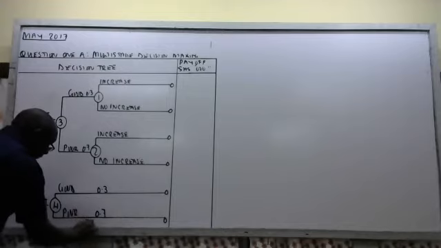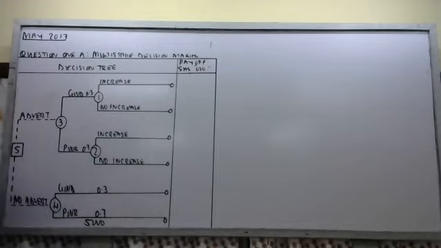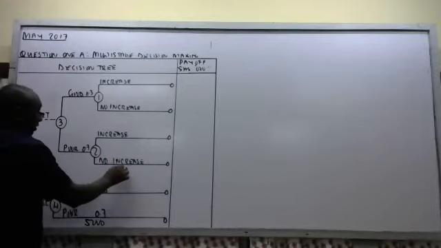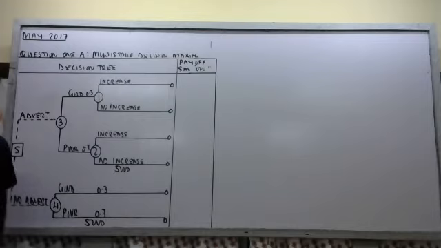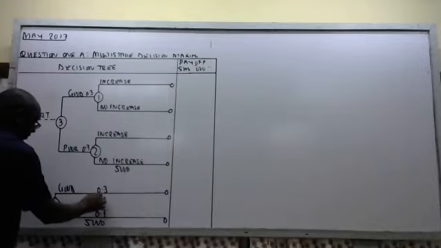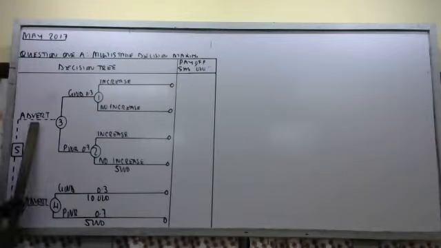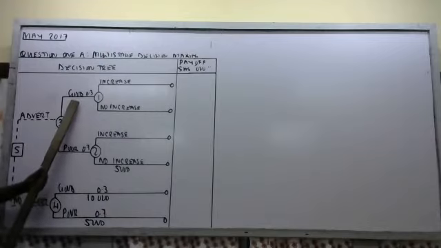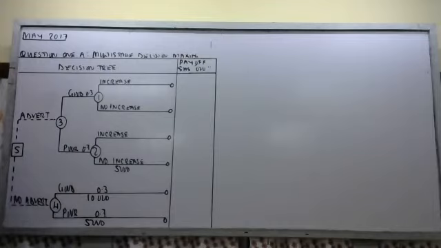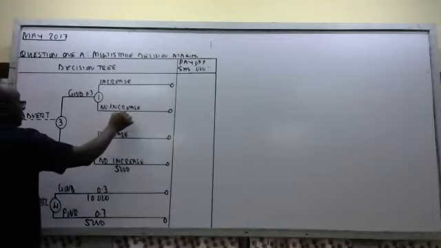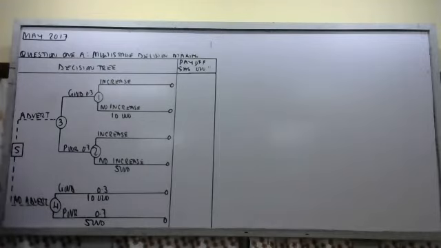That is what will happen if you have advertised and there is no increase. You still sell the 5,000 tickets. Now, if the weather is good and you have not advertised, you can sell 10,000 tickets. Even if you advertise and the weather is good and there is no increase, you sell the 10,000 tickets.